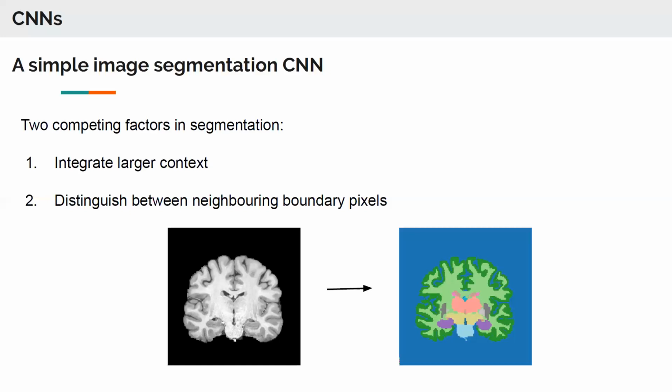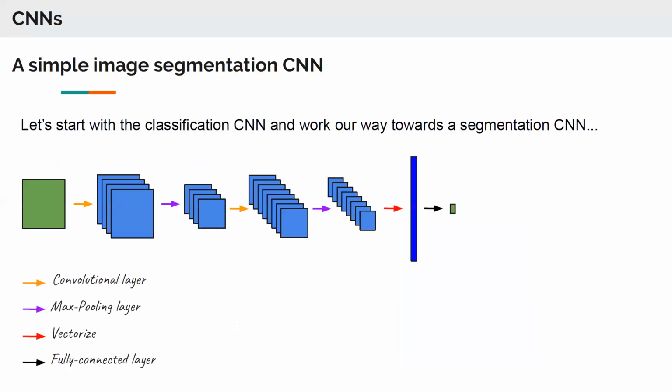So let's see how we can design a CNN which is able to take care of both these considerations. Okay, so this is the CNN that is our friend by now, hopefully. So this is the classification CNN, and let's see if we can start with this, and then sort of work towards making it be a segmentation CNN.